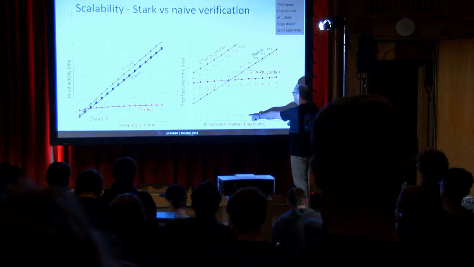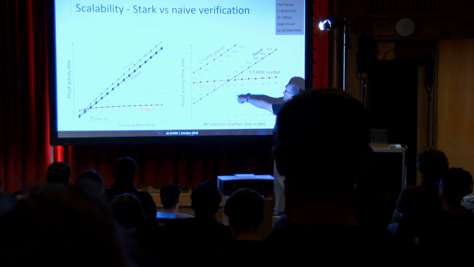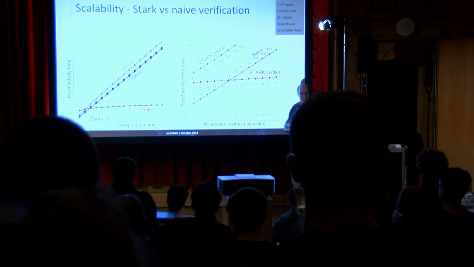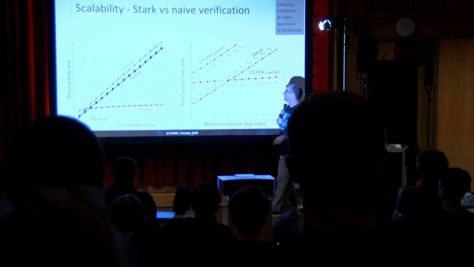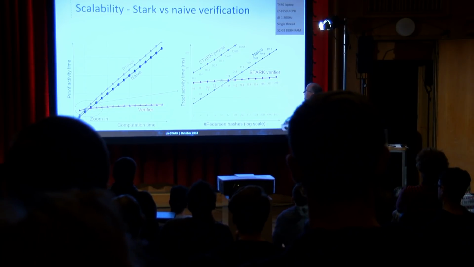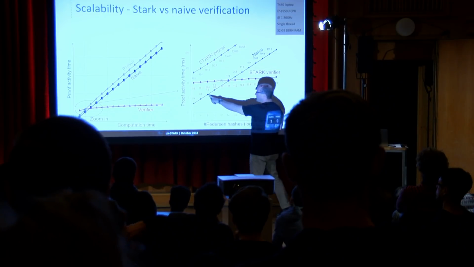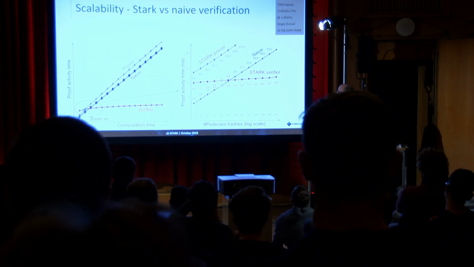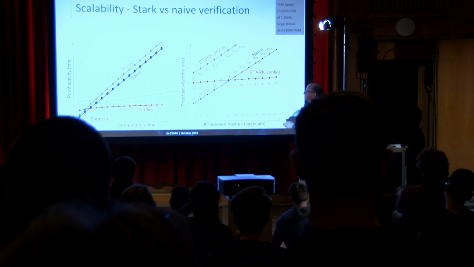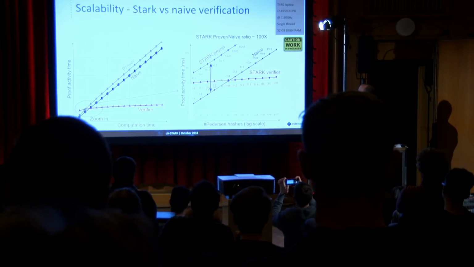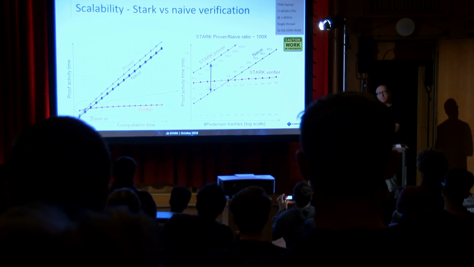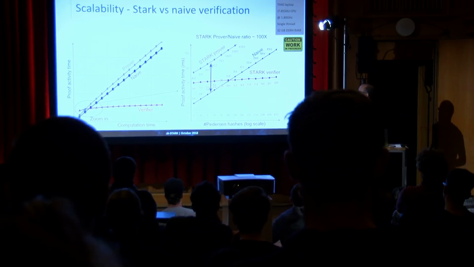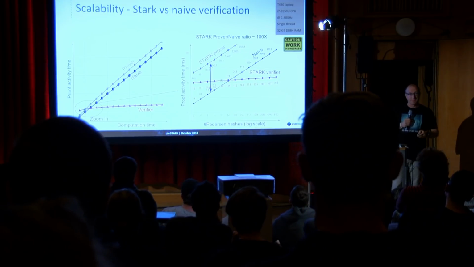Here we have a doubly logarithmic scale, and we see that the naive computation time for generating and verifying Pedersen hashes looks like a line. Here is the measured time for the Stark verifier. It goes from roughly 10 milliseconds up to 23 milliseconds for 8,000 hashes. And the proving time is roughly a factor 100 more. So it takes roughly 100x the time to prove that you executed a number of hashes than it actually does to compute these hashes.